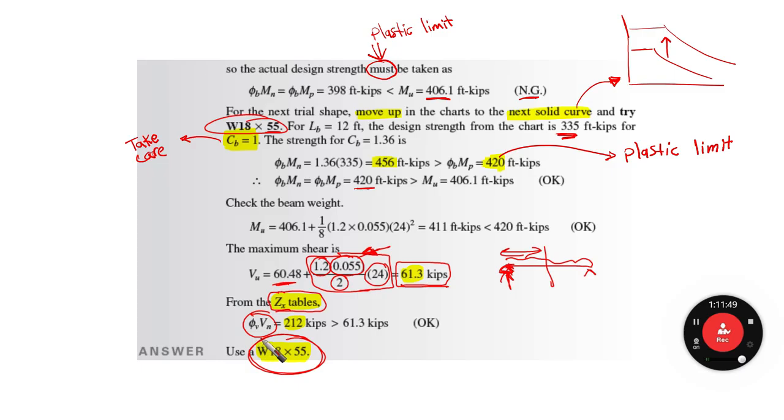You're going to find it 212 kips, and it is much larger than the required ultimate shear strength, which is 61.3 kips. Okay, so this means that we are okay now. No need for us to check anything related to the deflection, because it's already given in the example that there is no need to check for deflection.